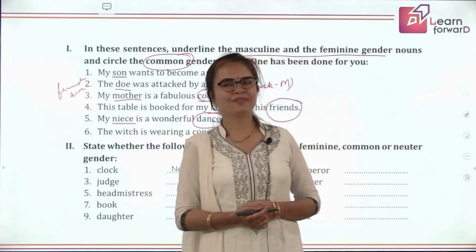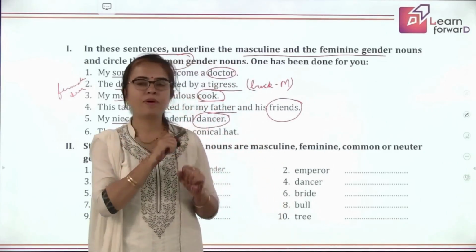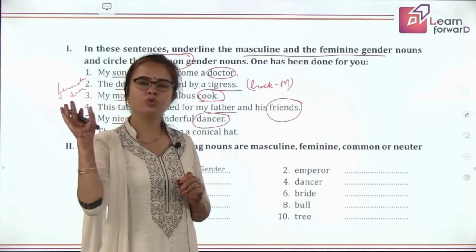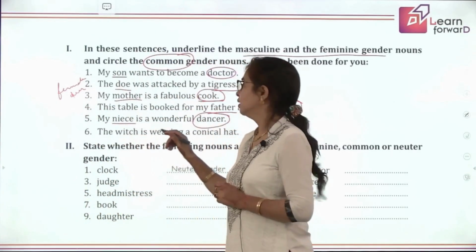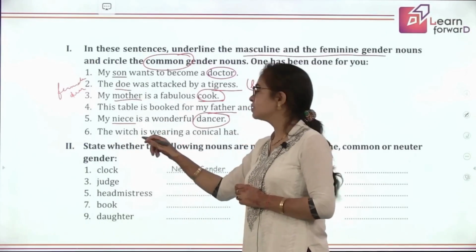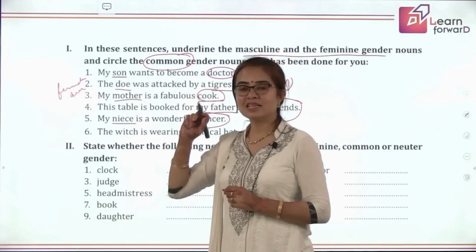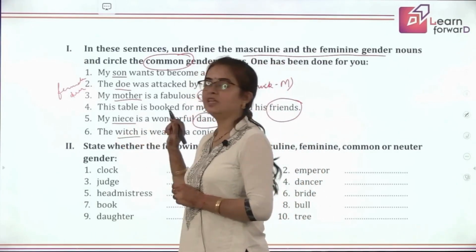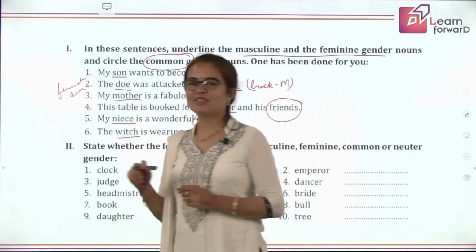Witch is a person with some magical powers. They have the power to do magic, right? So witch is somebody with magical powers, and this is a feminine gender.